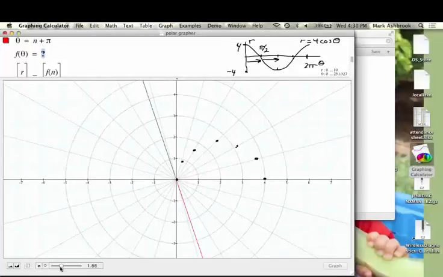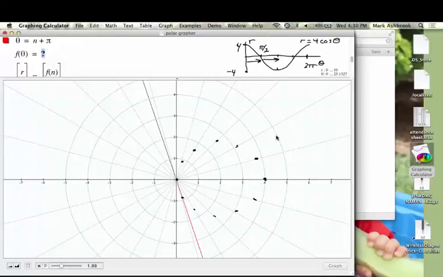If you think about the red line, it's coming out here, increasing out to -4 for theta equals pi. So it's going to be like this.